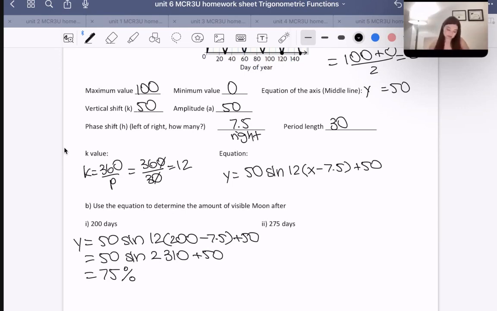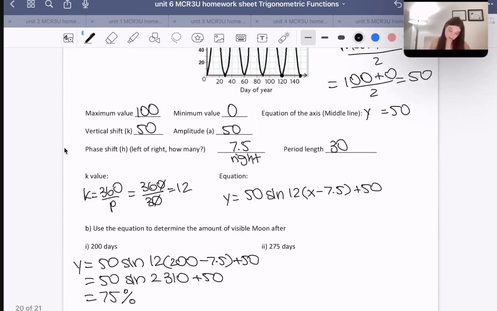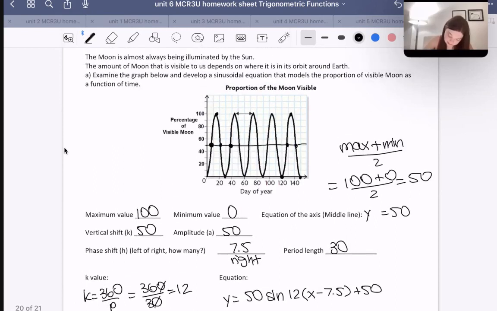Let's go to check two and ask, what do we expect it to be? We said the period length was 30. So if we take 150 here and we add 30, we get 180. And then we add that again. Well, what will we get? We will get around that 70% mark if we were to extrapolate, right?